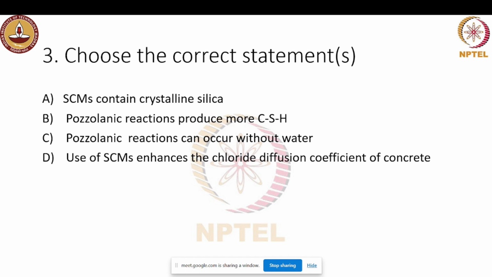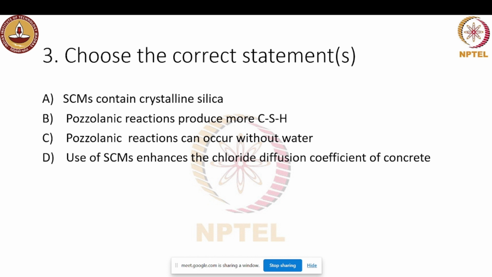Any idea, according to you, what can be the correct statement among all these four? I think it is D, because SCM enhances the chloride diffusion coefficient of concrete.